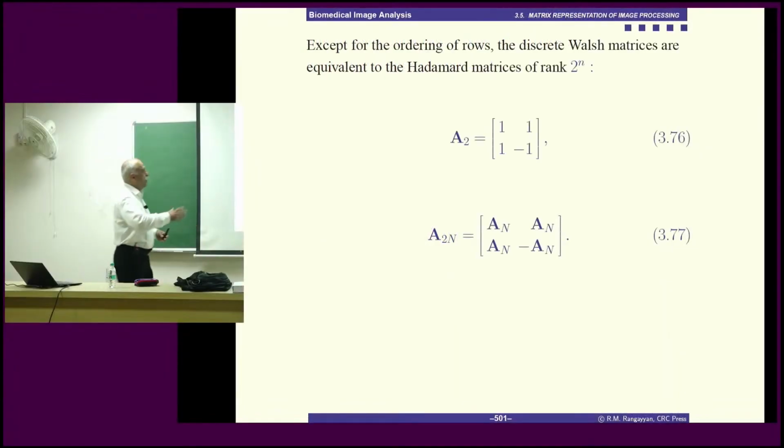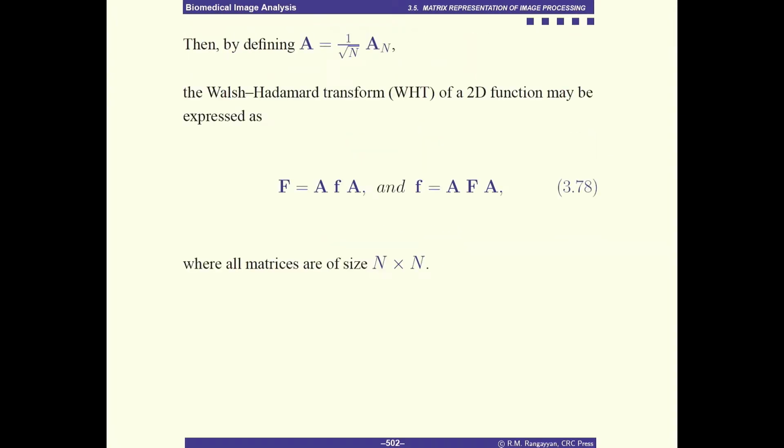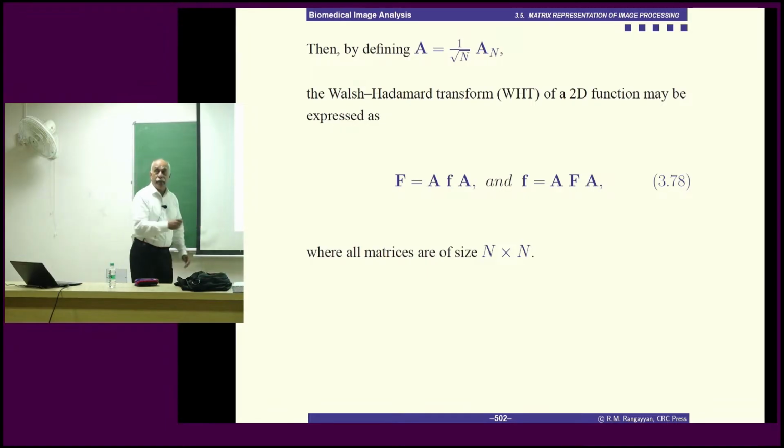So you repeat the same thing. Take this, repeat, repeat, and minus here, and you get a matrix of double that size. Then if you define A as 1 over root n of An, the Walsh-Hadamard transform of a 2D function may be expressed as F equal to AFA, both ways, forward and inverse. So all matrices are n by n.